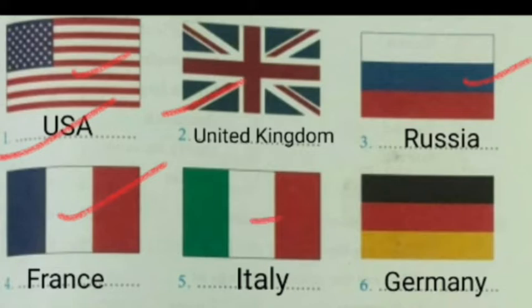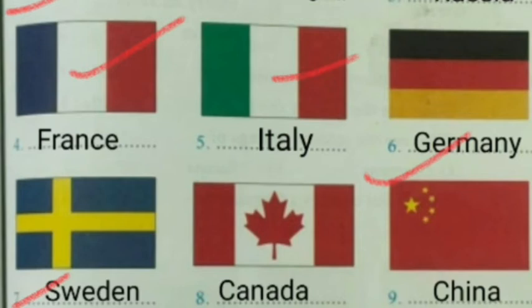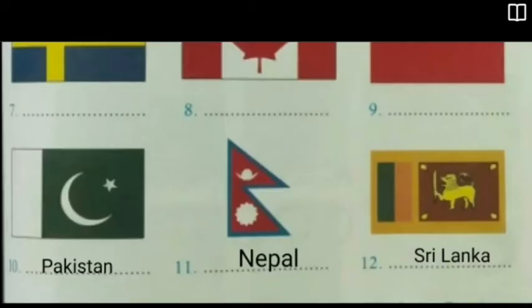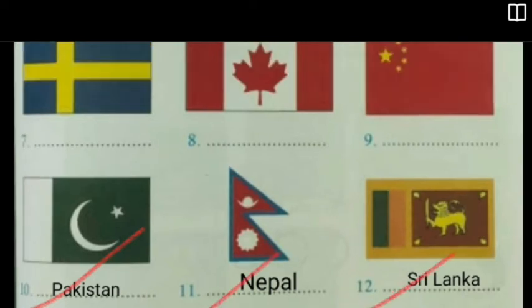The fifth one is Italy, and then Germany. Sweden, Canada, and the last one is China. Let's continue, children. This flag belongs to Pakistan. The 11th one is Nepal, and the last is Sri Lanka.